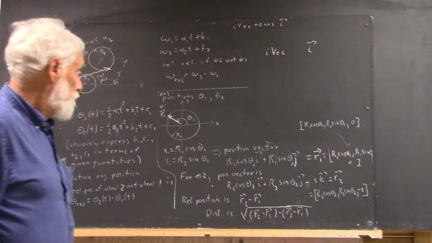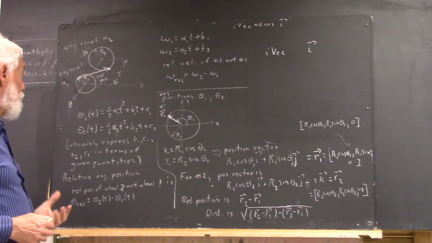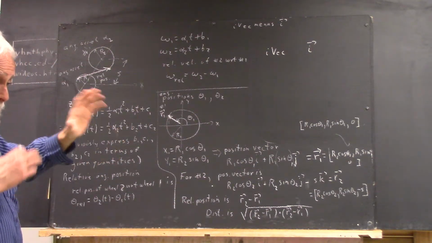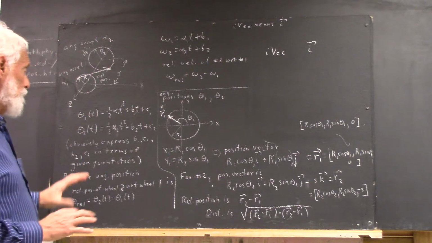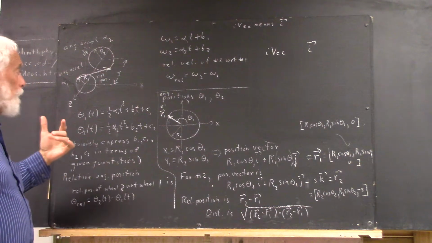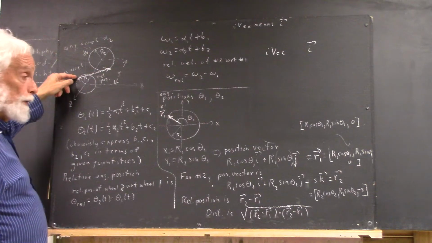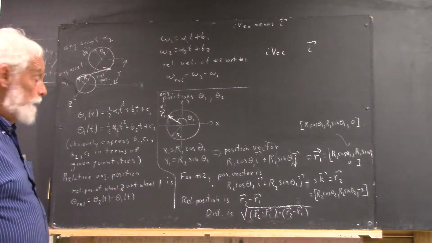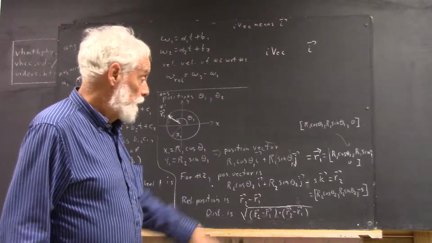Okay? So this is a fairly complicated motion. It can be very difficult to see and understand, but if you understand everything we've done so far, it's pretty straightforward to write out the vector for the relative position by writing out the vector for the position of each point and then subtracting them.